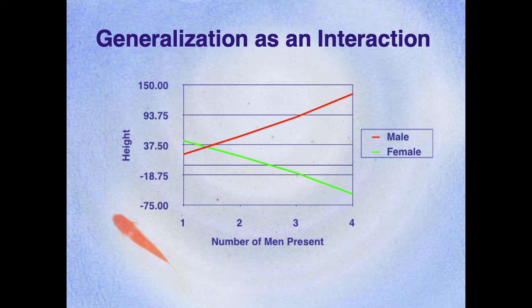So if you say that the IV affects the DV in a certain way, that would be incorrect for different genders, right? I think the interactional way is the best way to think about it. Let's say in this example you get in an elevator and there's one male present, and everybody stands about the same height.